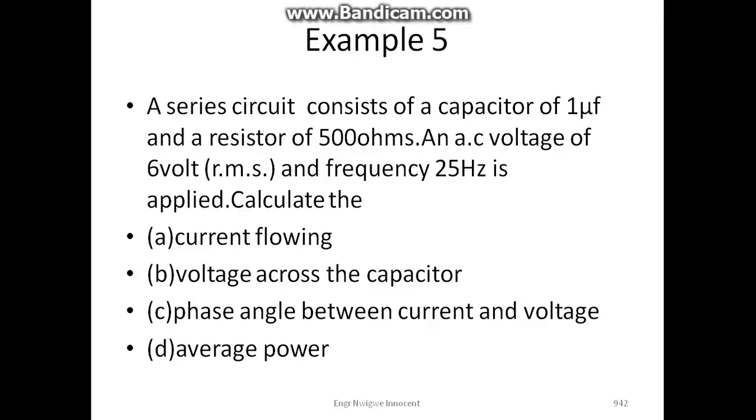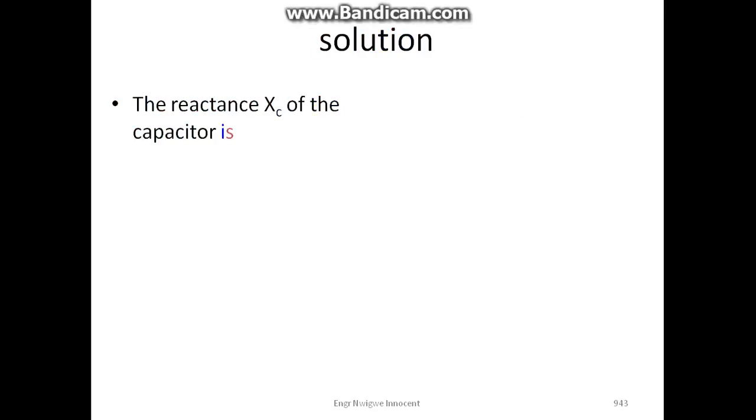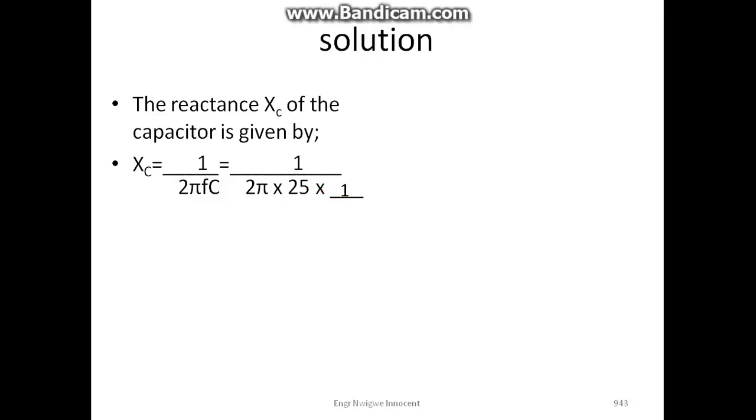D. Average power. Solution. The reactance XC of the capacitor is given by XC equals 1 over 2 pi FC, which equals 1 over 2 pi times 25 times 1 over 100, which will give us 0.6366 ohm approximately.